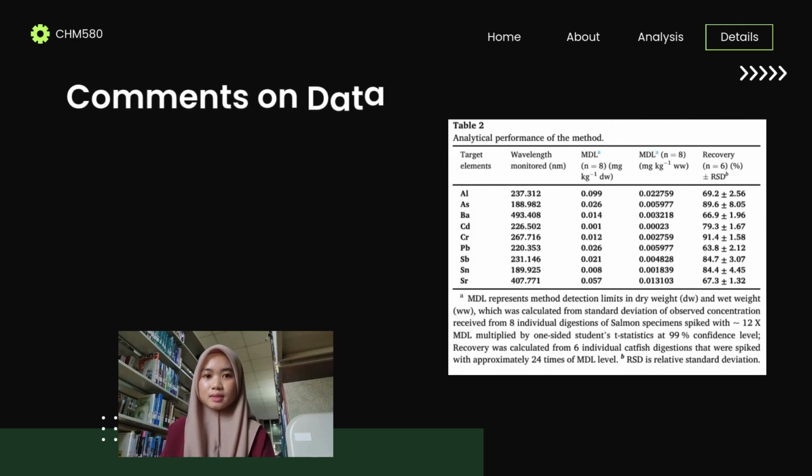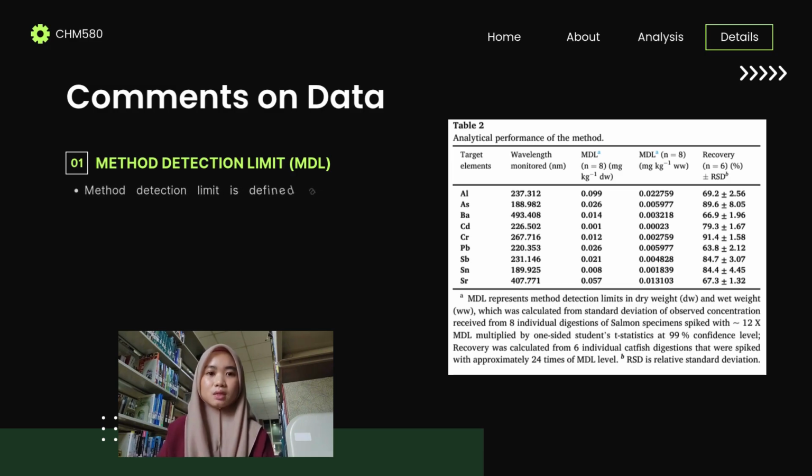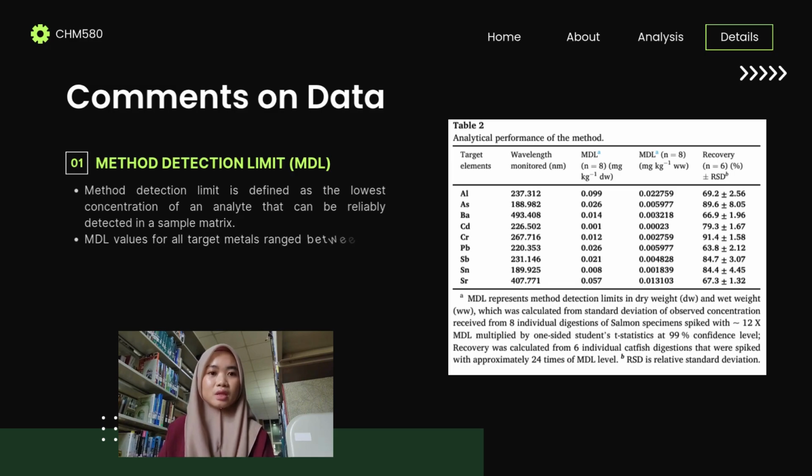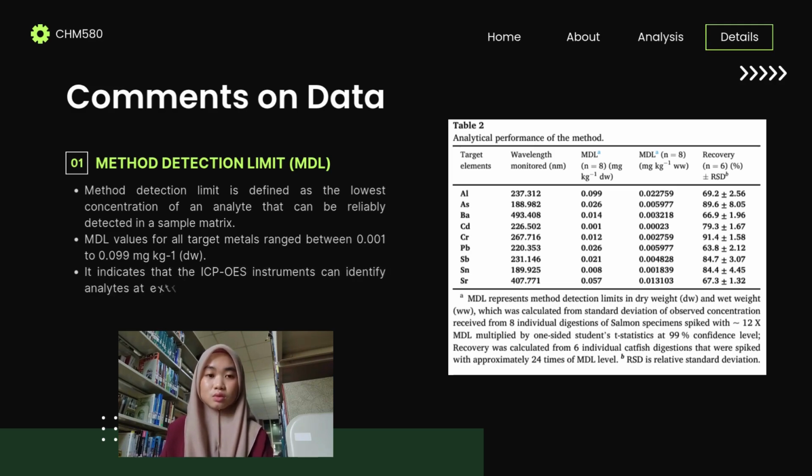There are some comments that can be made about the data. Firstly is about MDL. MDL is method detection limit, which is defined as the lowest concentration of an analyte that can be reliably detected in a sample matrix. The method detection limit values are very low, between 0.001 to 0.099 mg per kilogram.